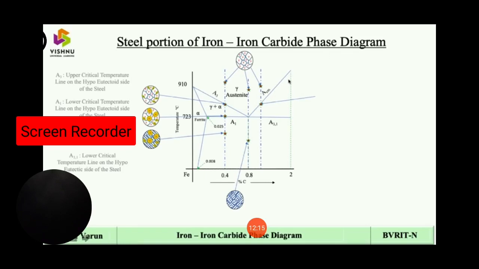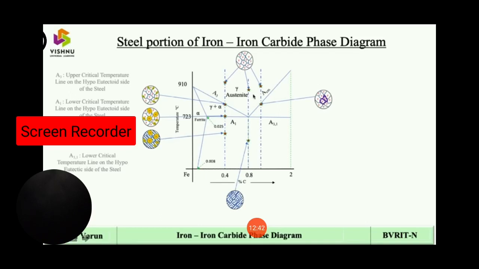At this line you have saturation, and below this line you have the precipitate of saturated carbon. So this line basically represents the saturation limit of carbon in austenite. Below this line, the carbon which is rich will come out as a cementite network around the austenite.